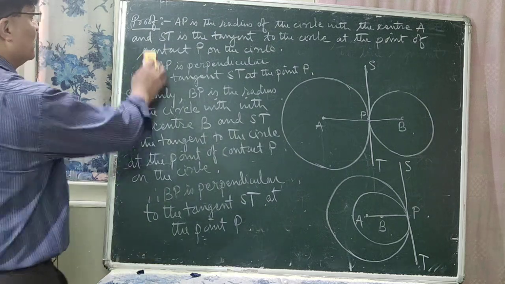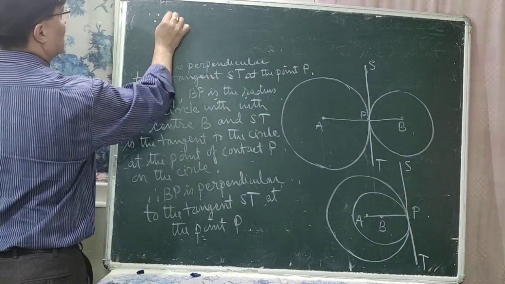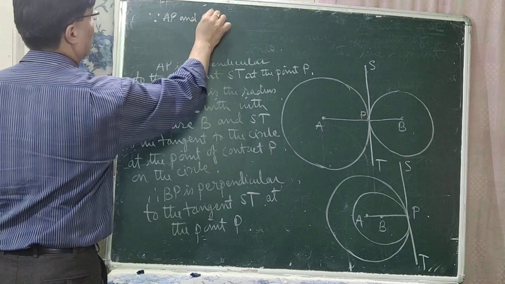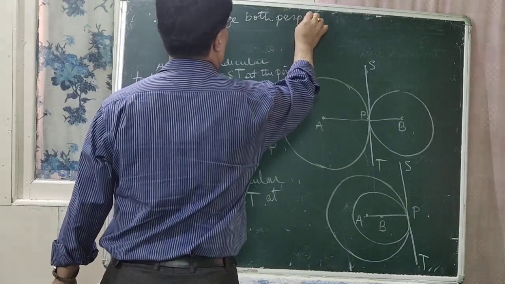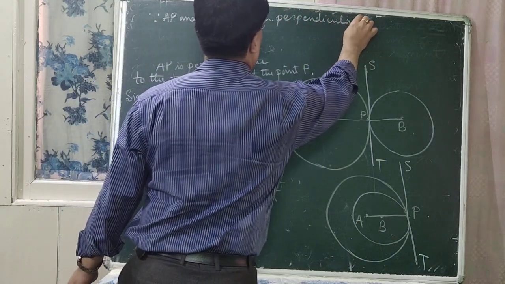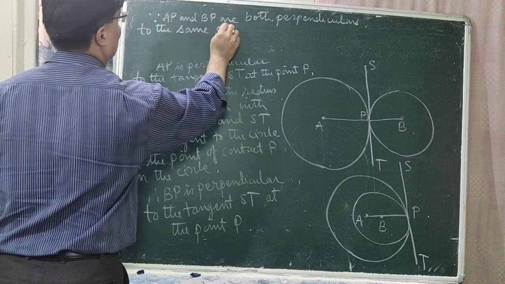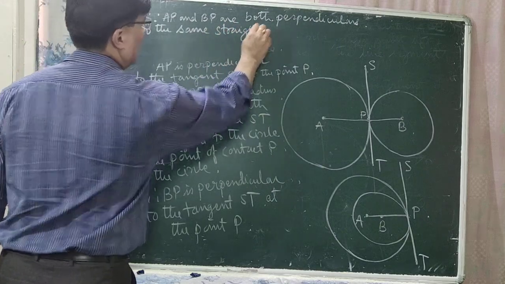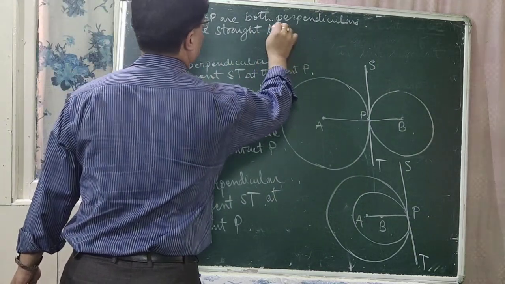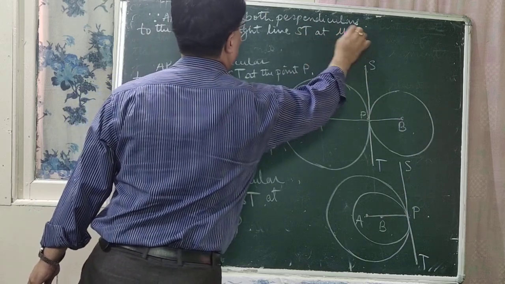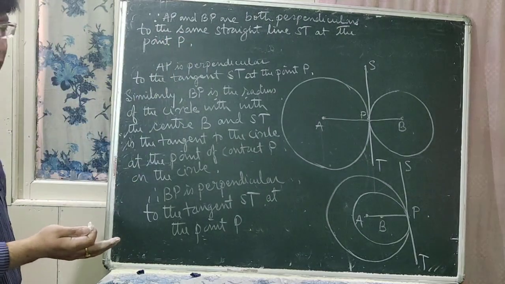Okay? So write down, since AP and BP are both perpendiculars to the same straight line ST at the point P, therefore what can I write?